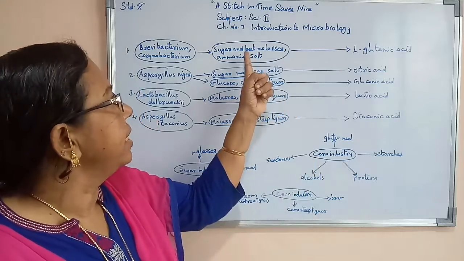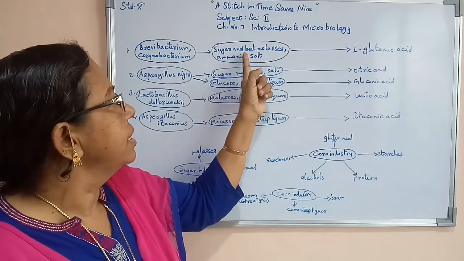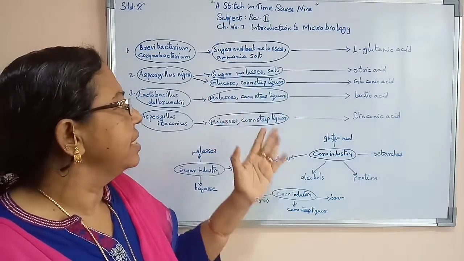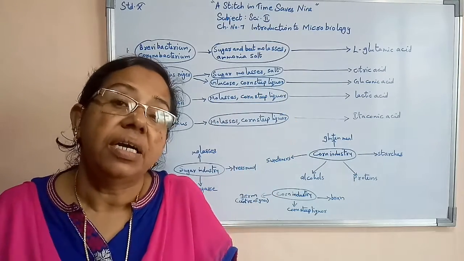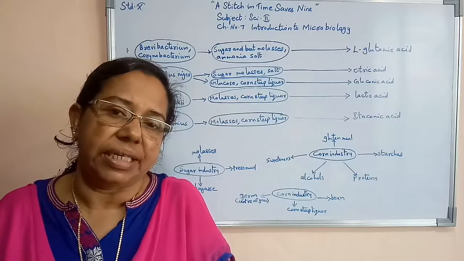Here you studied sugar molasses, then sugar beet molasses, then corn steep liquor. All these things are very dark thick liquids.